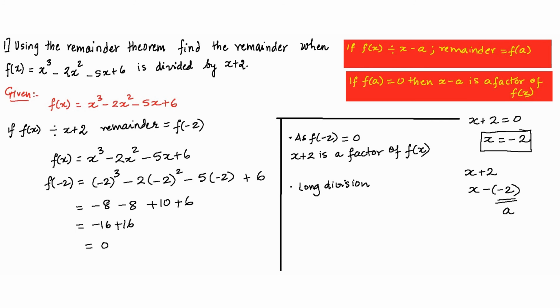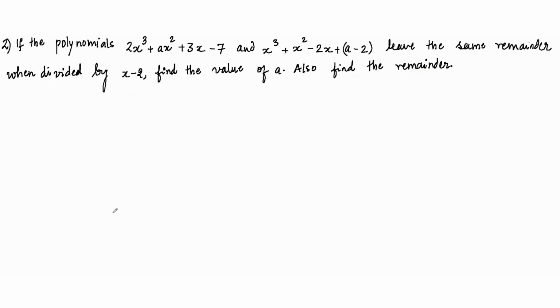So let's move on to the next question. If the polynomials 2x cube plus ax square plus 3x minus 7 and x cube plus x square minus 2x plus a minus 2 leave the same remainder when divided by x minus 2, find the value of a. So I have two polynomials here.